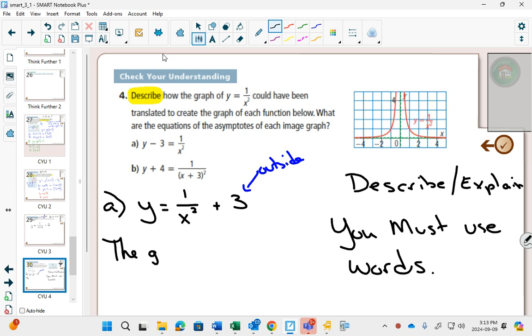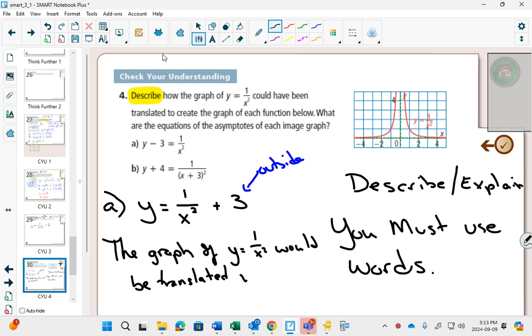And I can write my statement: the graph of y equals 1 over x squared would be translated, outside is vertical, translated vertically by 3 units up. So I've used my words to describe what's going to be happening. It's going to be translated 3 units up.